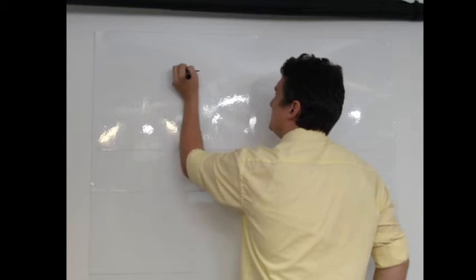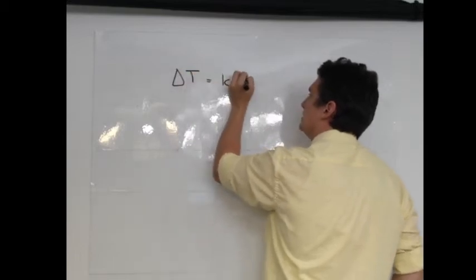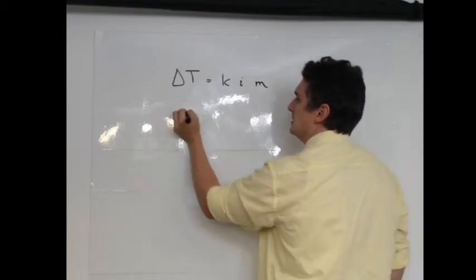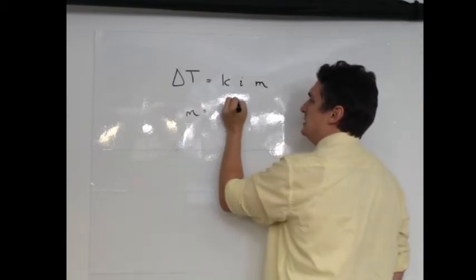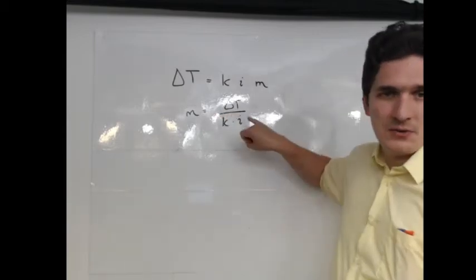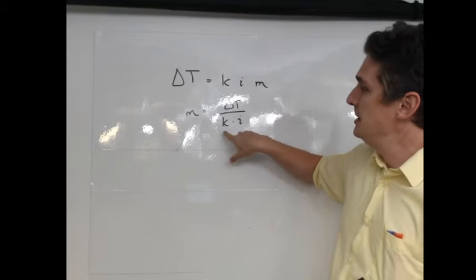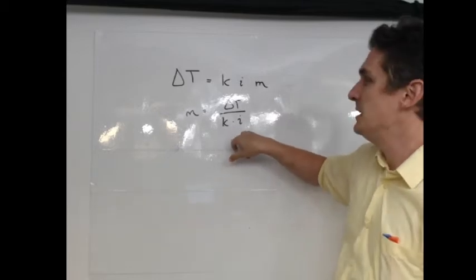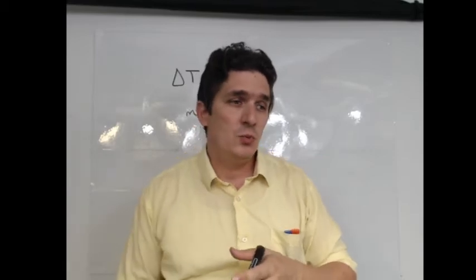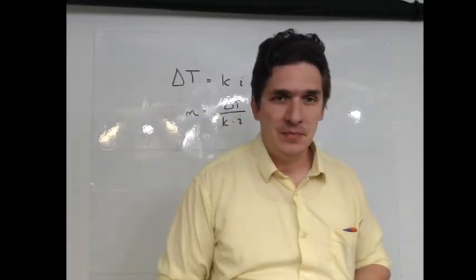We have delta T equals K i m. So to find the molality, it's your given delta T divided by K times i. If you're given the freezing point temperature change, the van 't Hoff factor, and K, you'll get a numerical value for the molality. It's just rearranging that delta T equation.